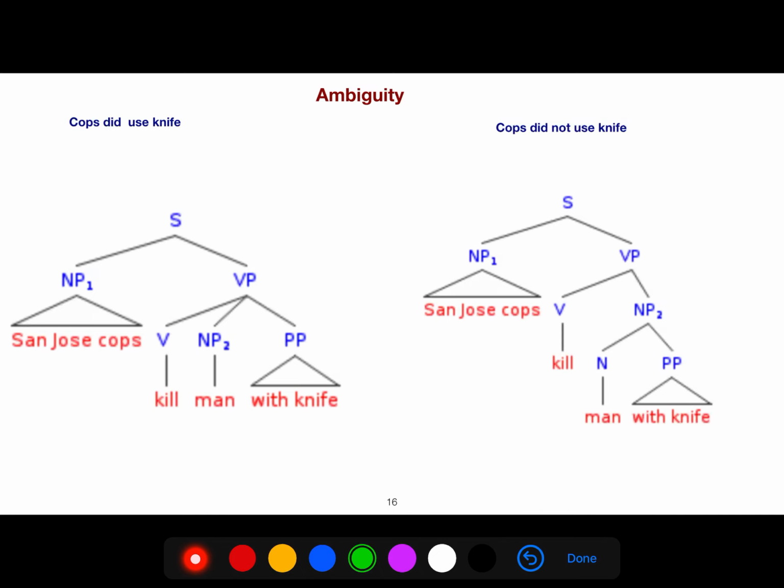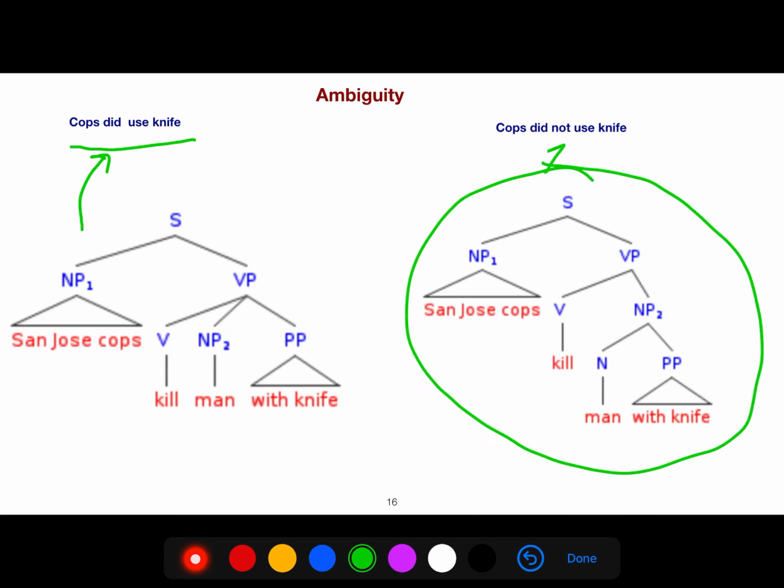So let's look at this. This tree means cops did use knife, but this tree means cops did not use knife. So it's very interesting. And I wonder, my niece, when she was a child, didn't use a treebank to learn in her brain. She just used unsupervised learning.